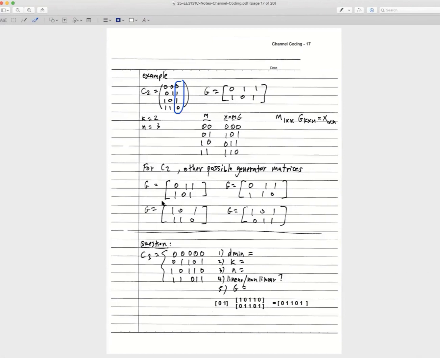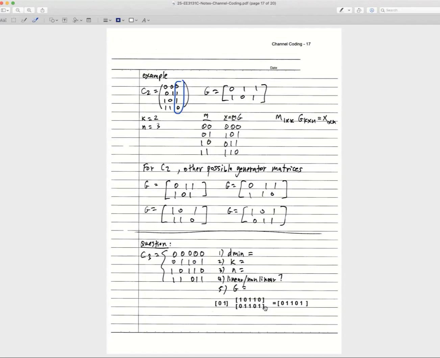The takeaway from this is that we can use a generator matrix to compute the parity check bits that we want to transmit. Okay, if it turns out that there's an identity matrix here, then my code words, my messages also end up here.